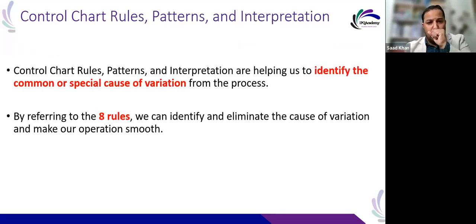Now, control chart rules and pattern interpretation help you to identify common cause and special cause variation. And there are 8 rules, unlike the run chart, where there are 4 rules which you use to identify whether the process is in control or not. Here, you will identify the common cause and special cause variation, and then you have to apply 8 rules, which we will discuss in the next few slides.